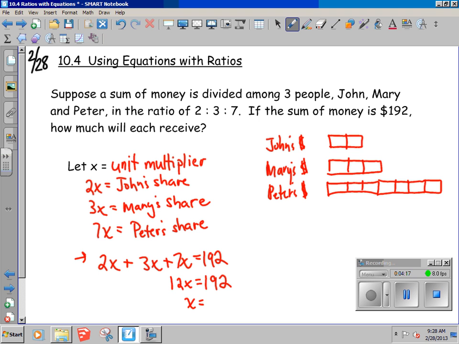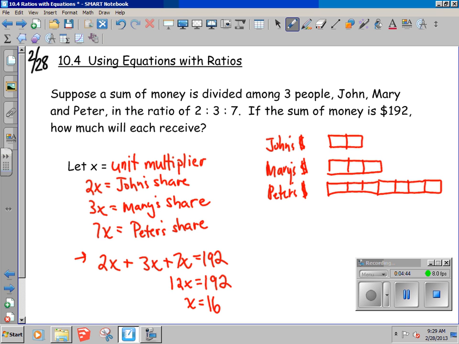Okay, and when you do 192 divided by 12? Okay, we'll let him finish. You can verify if he gets it correct. Is it? It's not 6. It's 16. 16 is right.